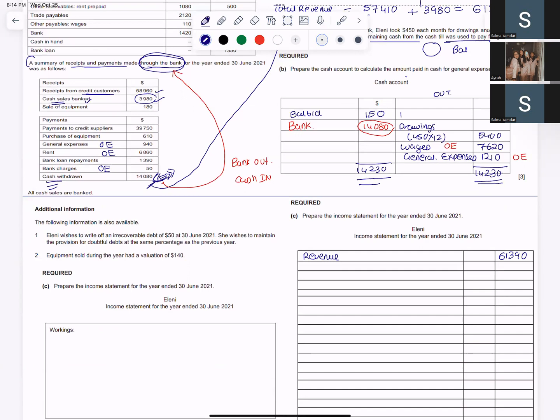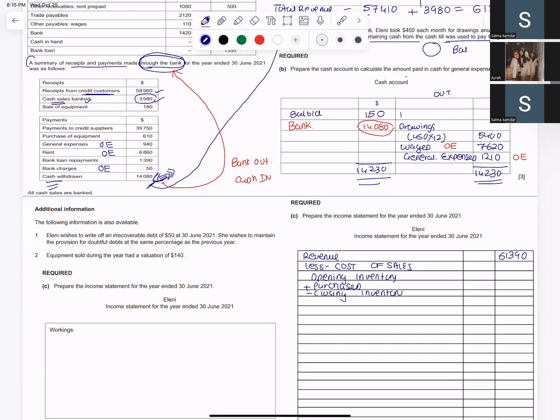So revenue less what? Cost of sales. I'm just putting the format. I've not yet read anything. Cost of sales is made up of opening inventory, purchases, and minus the closing inventory. Then what will you get?